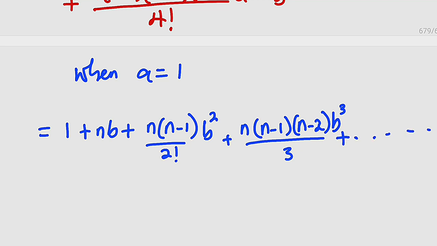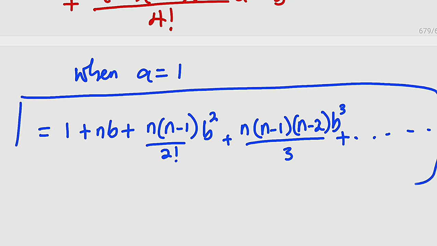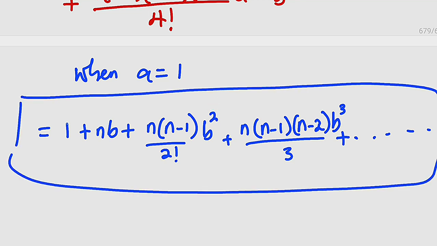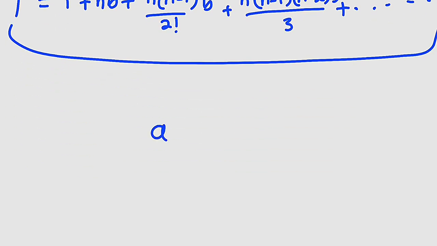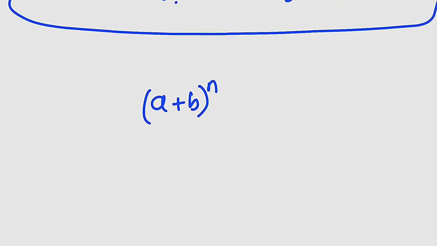But you should know that we are going to obtain infinitely many terms when we are dealing with a negative exponent or fraction. So let's stop here. But the question is, why do we use this 1 right here? So if we have (a plus b) raised to the power of n, before we start expanding, since n is negative or a fraction, we can factor out a here. So we have something like a outside, then this becomes 1, right?